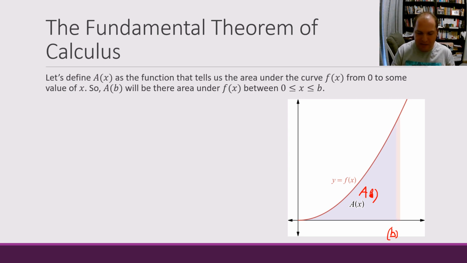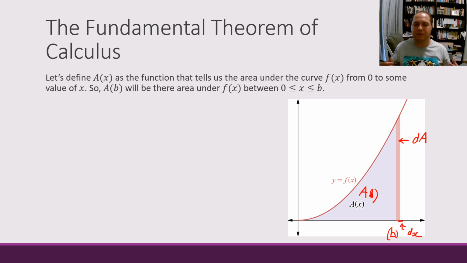Now, what we're going to do to consider that is add on a really small area here, and I'm going to call it dA. Remembering back to some of our derivatives work, that lowercase d represents a very, very small change in A. So a very, very small change in our area that I've just added on there. That area, dA, comes from adding on a small little bit of width here called dx.